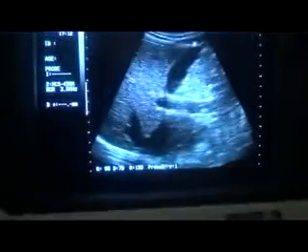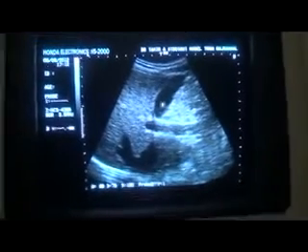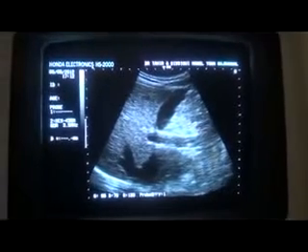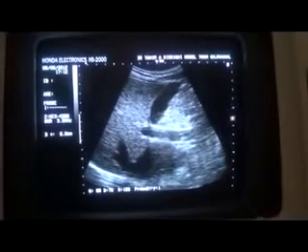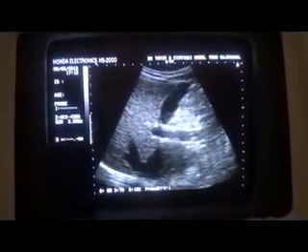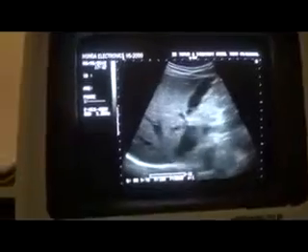Now you see on the ultrasound that in this view I can get the gallbladder with fundus, with portal vein, and with hepatic vein. So this is another way of seeing the gallbladder. And the third one, lastly.